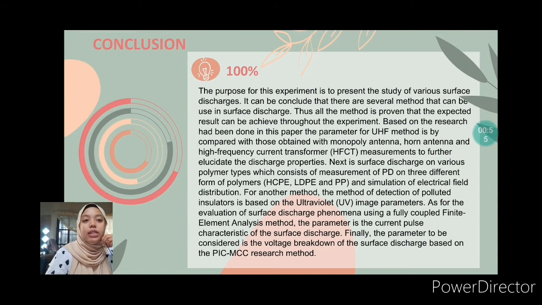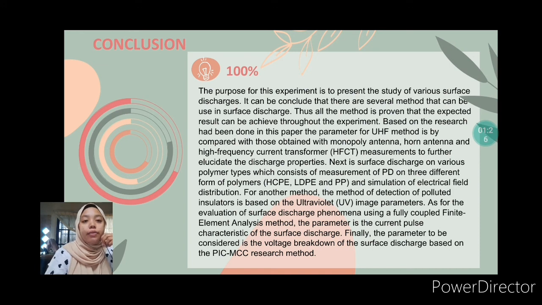Next is surface discharge on various polymer types, which consists of measurement of PD on three different forms of polymer, which are HCPE, LDPE, and PP, and simulation of electrical field distribution. For another method, the detection of polluted insulators is based on ultraviolet image parameters.